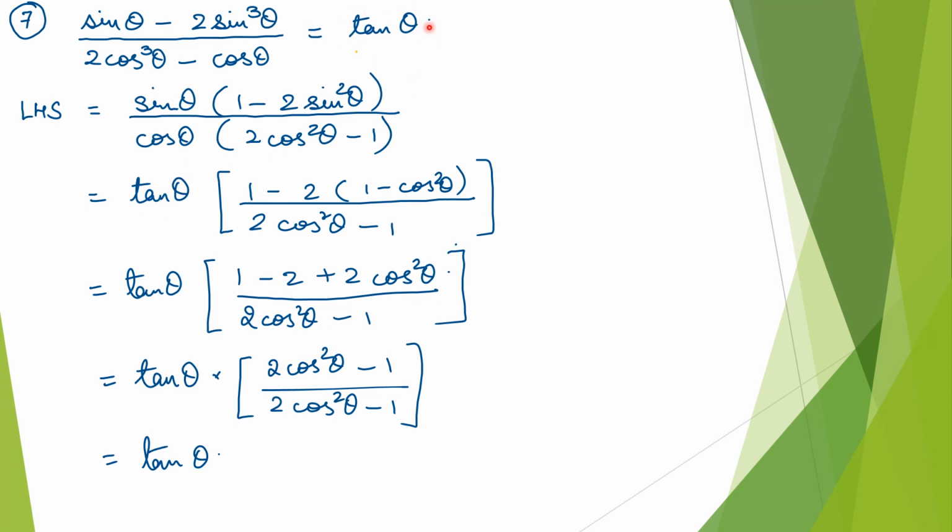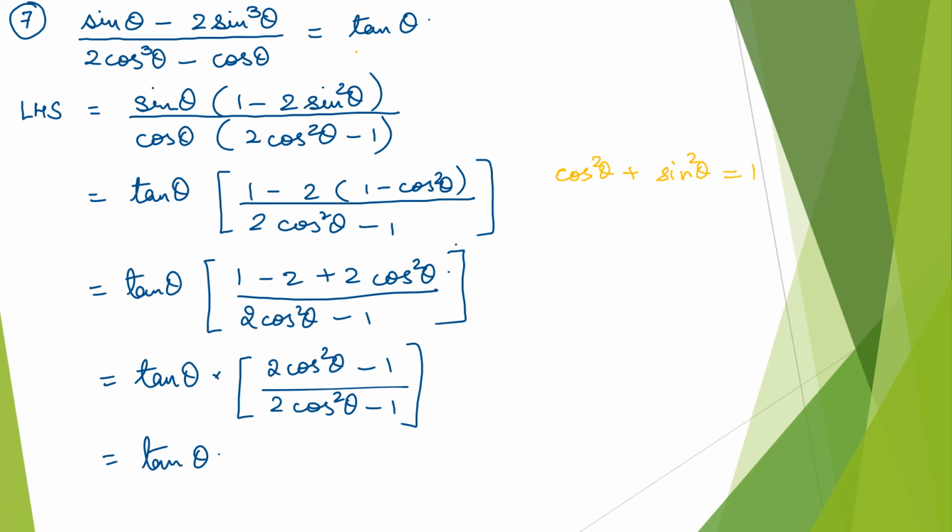My right hand side is tan theta, which means that it should give you a hint that this has to get cancelled. So what we do, this sine square theta, you know that cos square theta plus sine square theta is equal to 1. So in sine square theta, I am substituting it as 1 minus cos square theta.